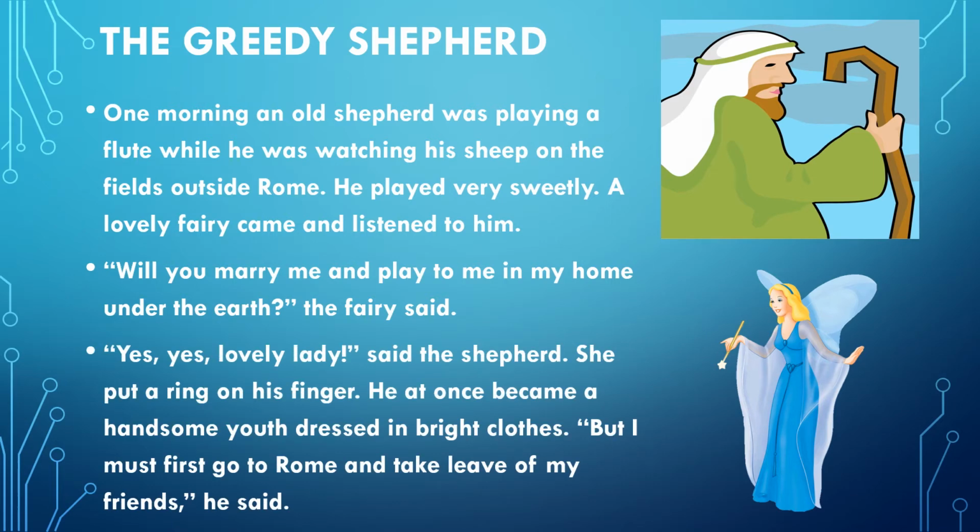"Yes, yes, lovely lady," said the shepherd. She put a ring on his finger. He at once became a handsome youth dressed in bright clothes. "But I must first go to Rome and take leave of my friends," he said.